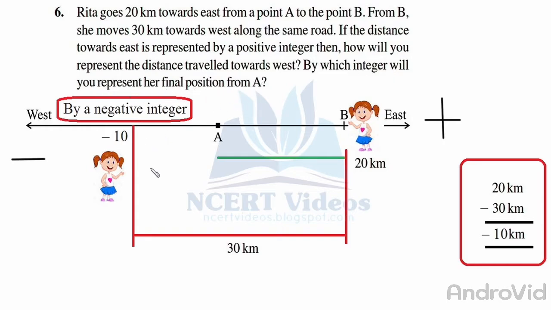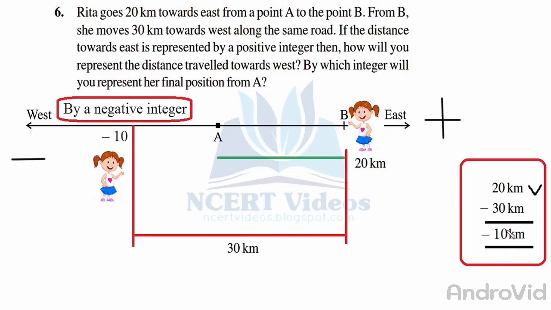So initially she is at A, she moves to B, that is 20 kilometers. We write 20 kilometers with a plus sign, because it is told to us that this side is plus. Now she moves towards west, which has to be taken as negative. So 30 kilometers, you have to subtract it. Sign will be negative and we have to subtract it.